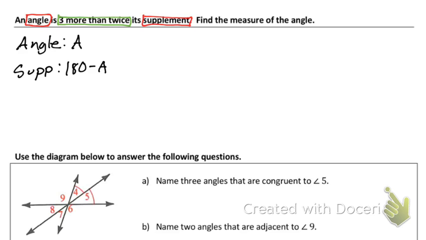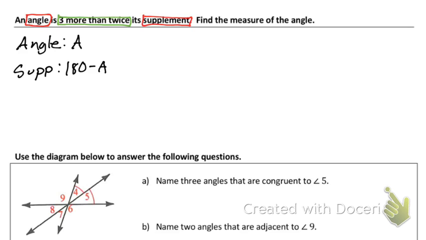I am. So if an angle is 3 more than a supplement, just in that one statement, which one has to be bigger even without the 2 times? Yeah, the angle needs to be, because the angle is 3 more than twice its supplement.